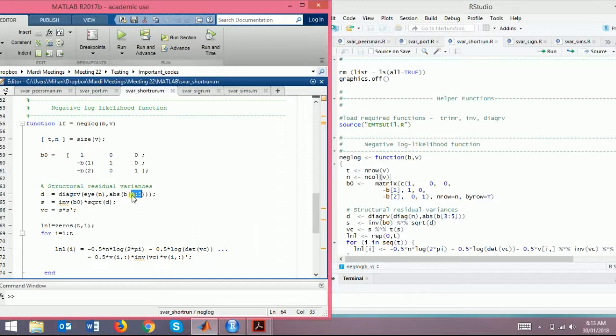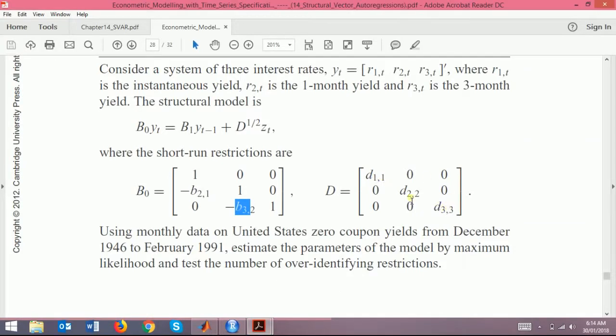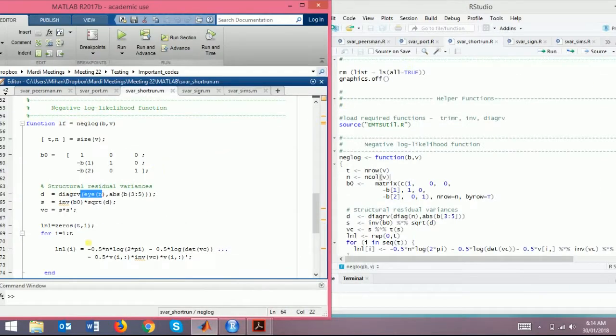Basically we are estimating v, and we are placing them in the identity matrix, right? So we have x and v. x is a matrix, v is a vector. We have the vector estimated, which is the absolute value of the third to the fifth element, and then we are just putting them in the diagonal of the identity matrix, so that we get the shape exactly as this.